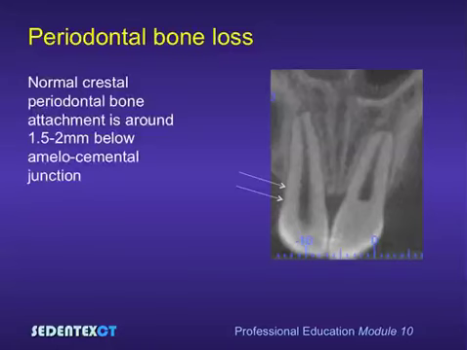Nonetheless, when you look at your cone beam CT scans, you should make an assessment of the periodontal bone levels around teeth. The normal crestal periodontal bone attachment is around 1.5 to 2 millimeters below the amelocemental junction, as shown here.